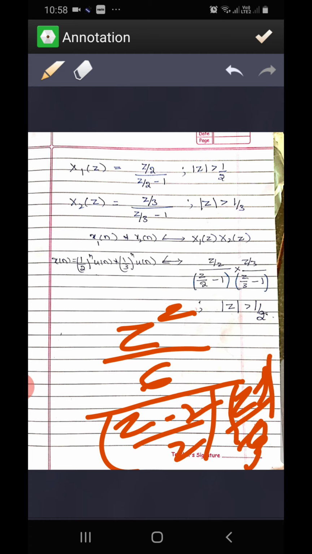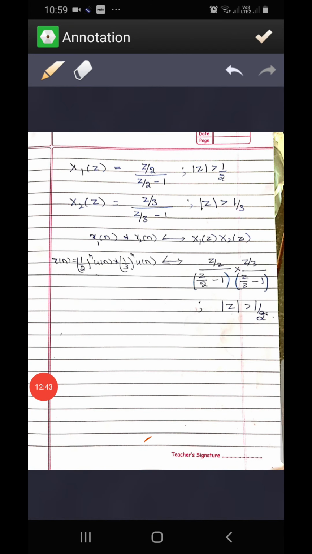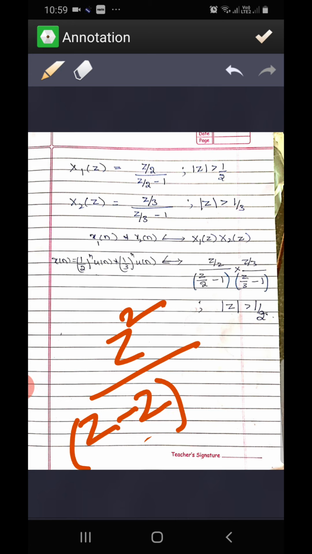So the 6 and 6 get cancelled in the denominator. You will have z square by z minus 1 by 2 into z minus 1 by 3. So the answer will become z square divided by z minus 1 by 2 into z minus 1 by 3, for mod z greater than 1 by 2.